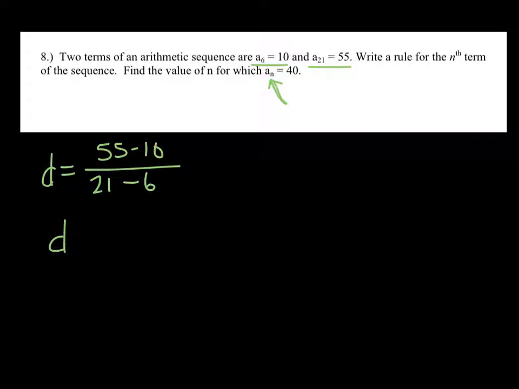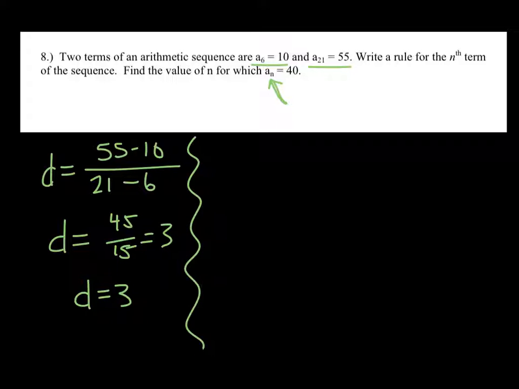So the difference is going to be 45 over 15, which equals 3. So the difference equals 3. Okay, well, now that we know the difference, we need to be able to find our first term. We have two terms.